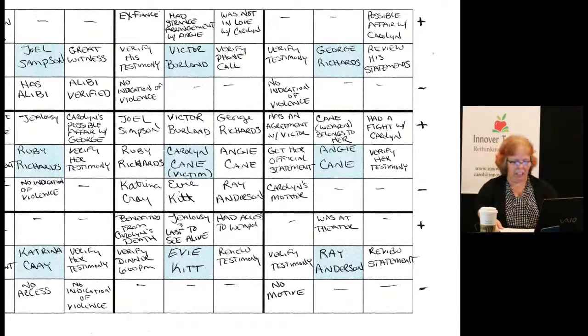So if you look here, Joel Sampson has been ruled out. The reason why he's been ruled out is that his alibi has checked out. None of the other people have been able to verify their alibis. They were all at the scene at that time. So now we go around and we explain why each one is a suspect. Okay? That's how I use it.